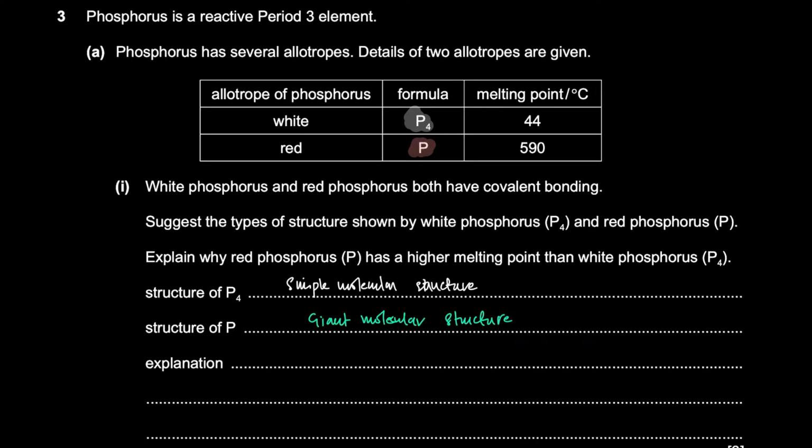And explain why giant molecular structures have much higher melting points than simple molecular structures. The reason why is because in P4, in the simple molecular structure, right, van der Waals forces or weak intermolecular forces between molecules have to be overcome.